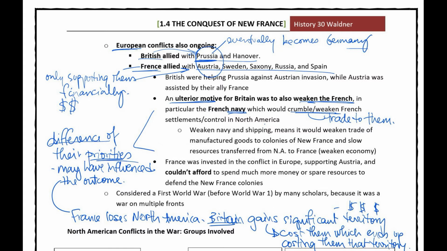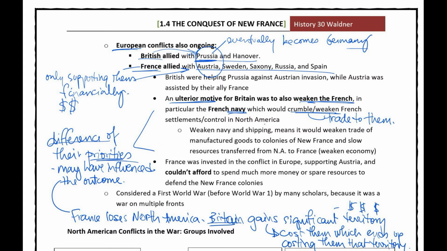Because if they could weaken the Navy, then they could weaken the trade to their North American colony, or weaken their settlements. A lot of times when countries lose wars, it's because they fight them on multiple fronts and they just can't support that.